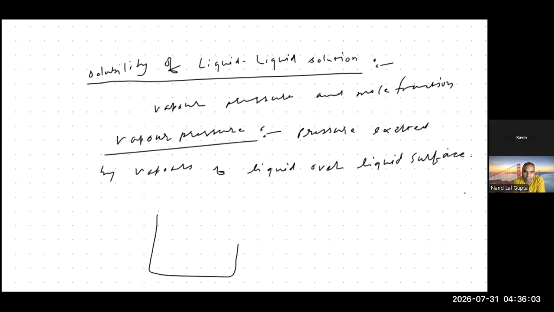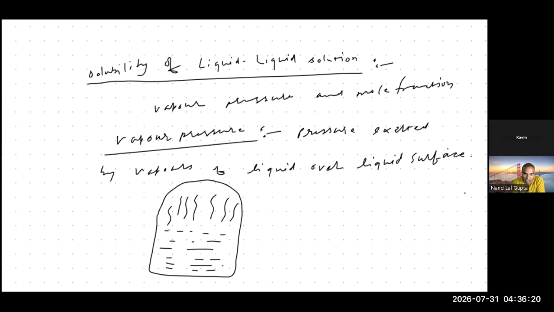We have to study that in a closed container because it is a vapor. Here is the liquid solution, and at a particular temperature vapor is going to form. The point is how much pressure is applied on the surface of the liquid by the vapors of this liquid. That pressure above the liquid surface by the vapor of the liquid is called vapor pressure.